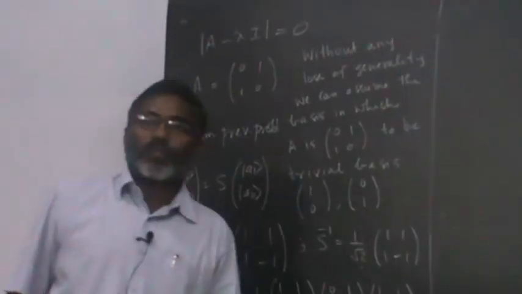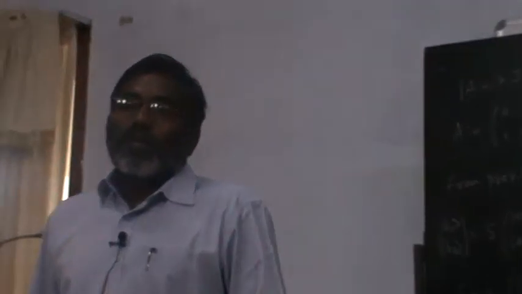But there is no loss of generality in this assumption because they have not given the basis. Whatever is the basis in which this matrix has these elements, you can label that basis as the trivial basis. If it is not the trivial basis, you should have some reason to believe that. If they give only the matrix elements, you have no reason to believe that, so you can always label it as a trivial basis.